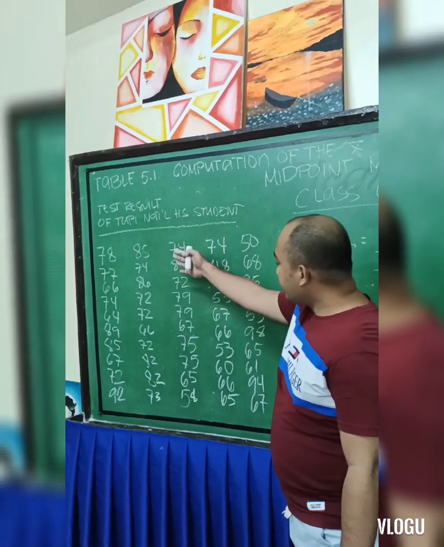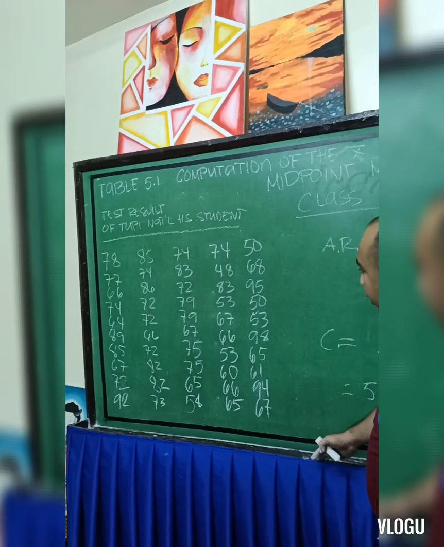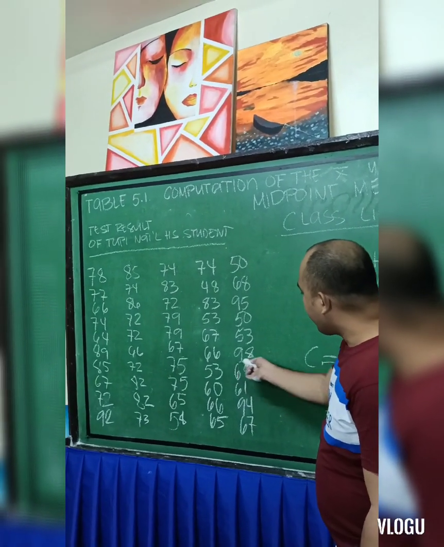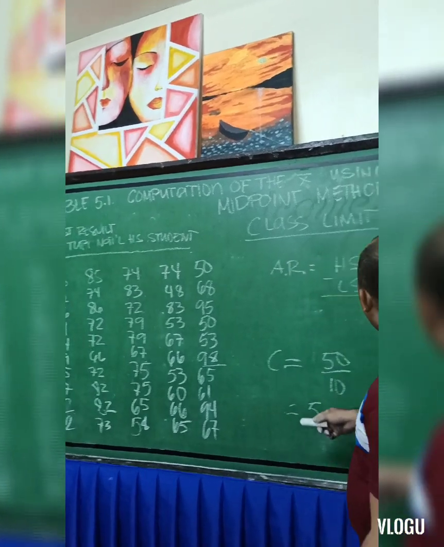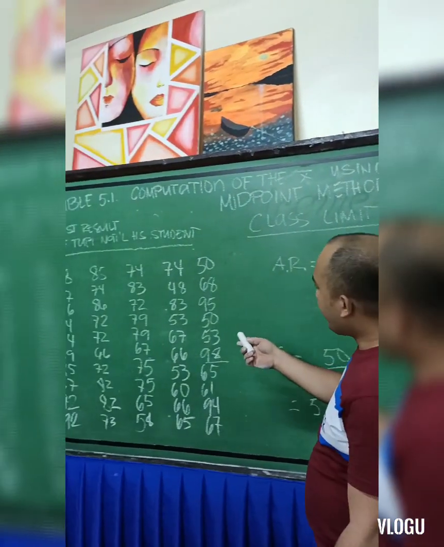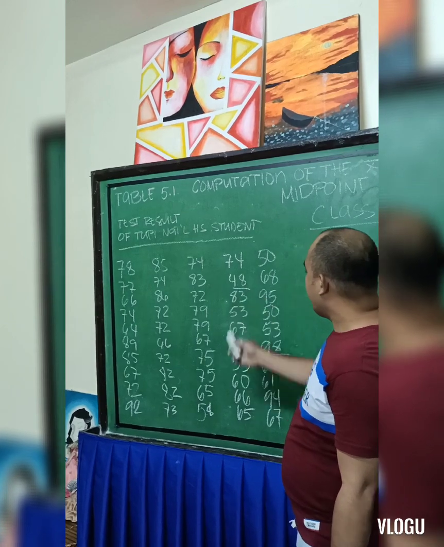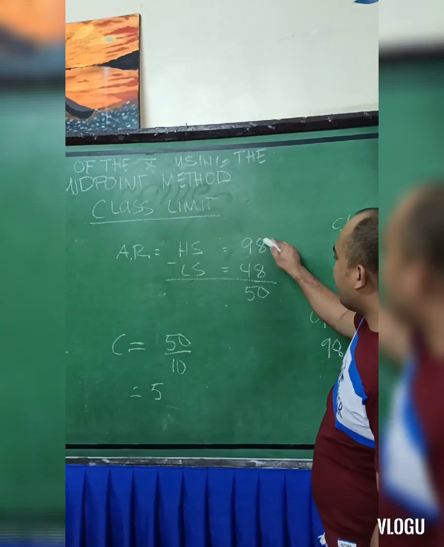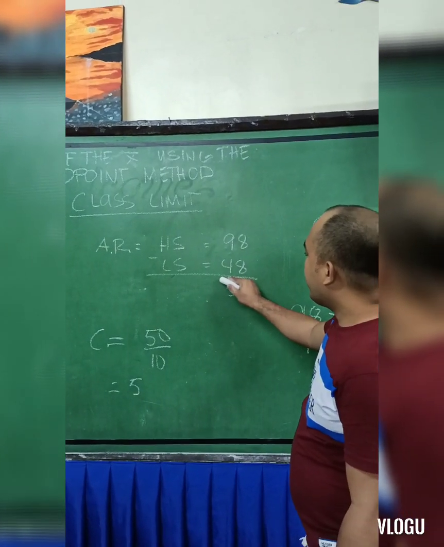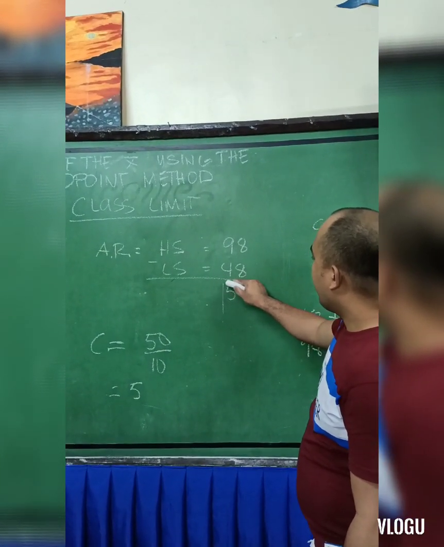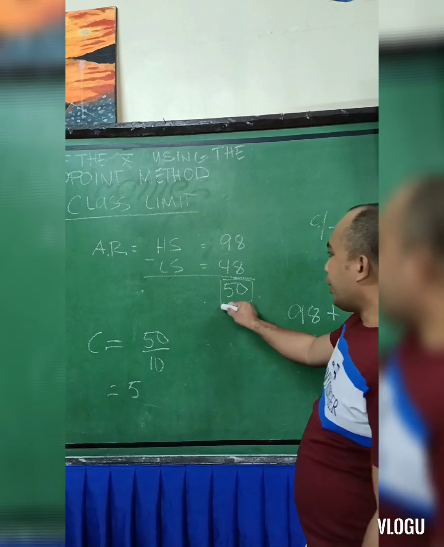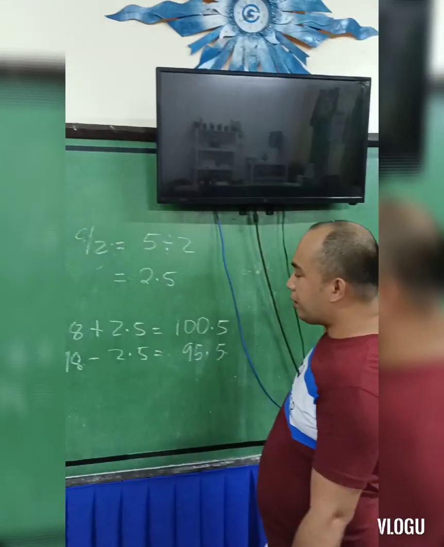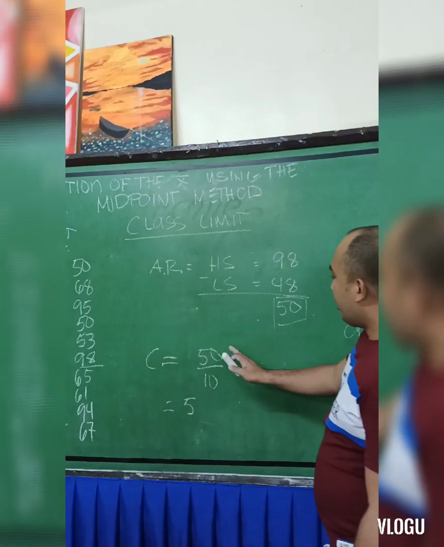For example, in this test result for 50 students, we have the highest score of 98 and the lowest score of 48 here. So we simply subtract the lowest score from the highest score to get this number, 50.